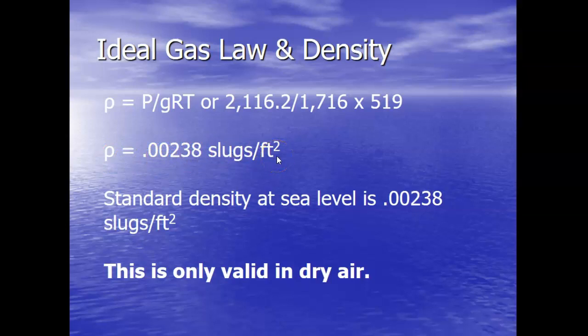That is the standard density at sea level. Remember, we haven't factored in humidity in this equation. The density is standard density at sea level, and it's only valid in dry air.